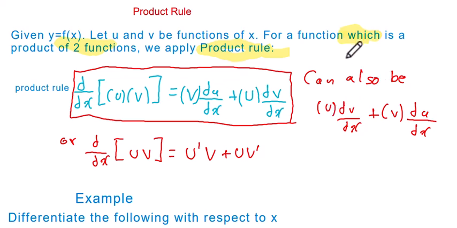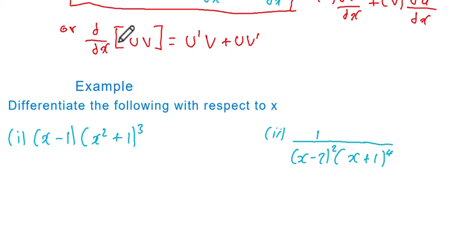This can also be written as u, then dv dx, which is the differentiation of the v function with respect to x, plus the v function times du dx, the differentiation of the u function with respect to x. So you can also use this formula.